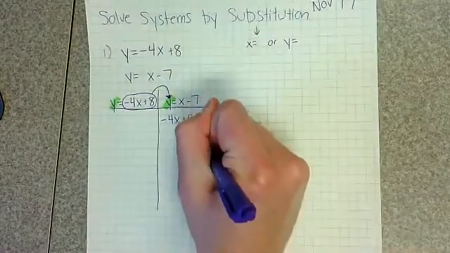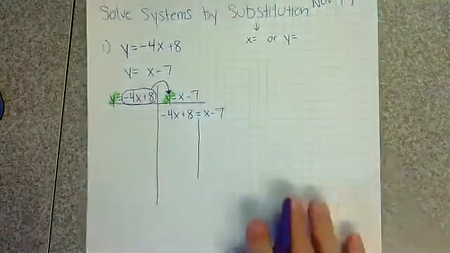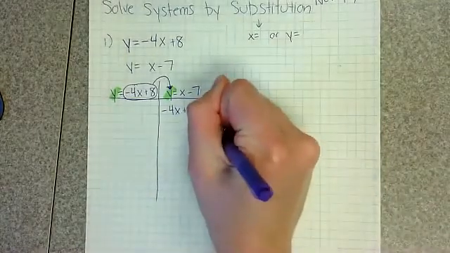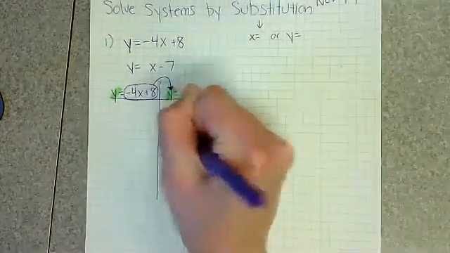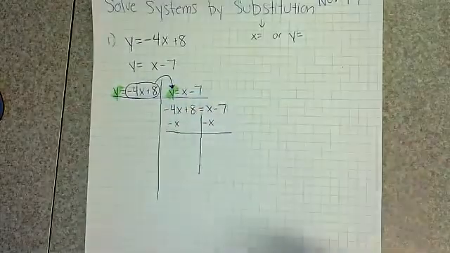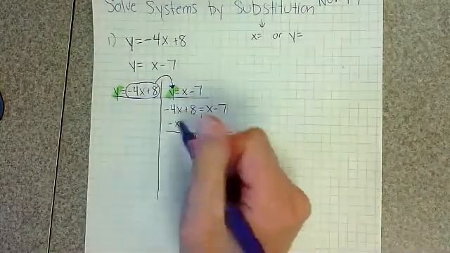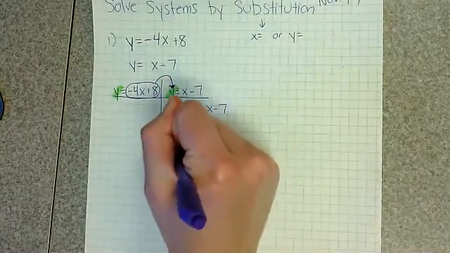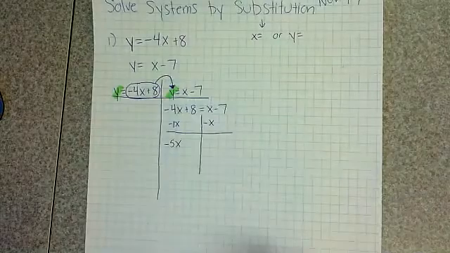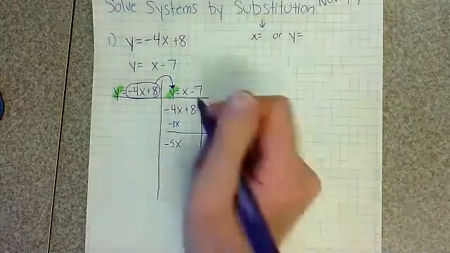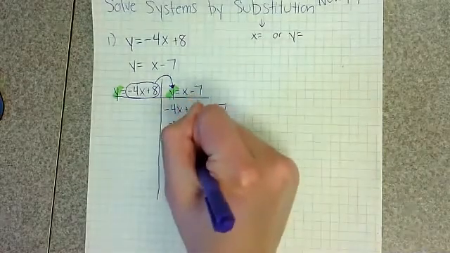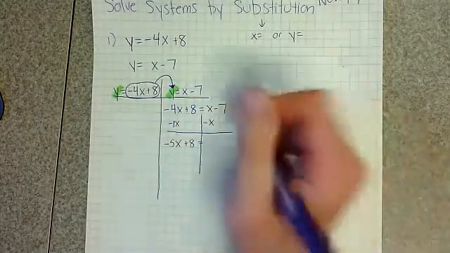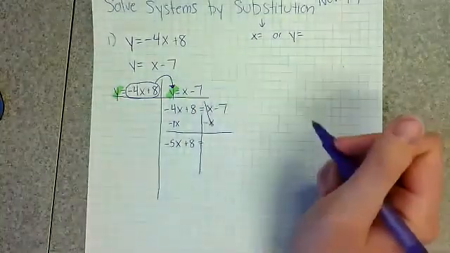So Jonathan's right in that our next step, we're just going to start solving for x. I like putting the variables together first, so I'm going to subtract x from both sides. Negative 4 minus 1x would get me to negative 5x. I still have plus 8. x minus x cancels out.